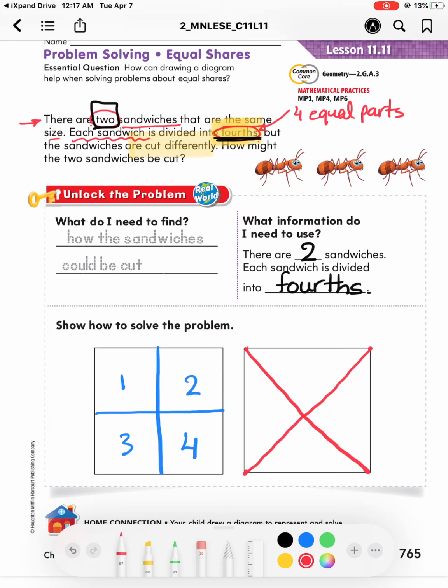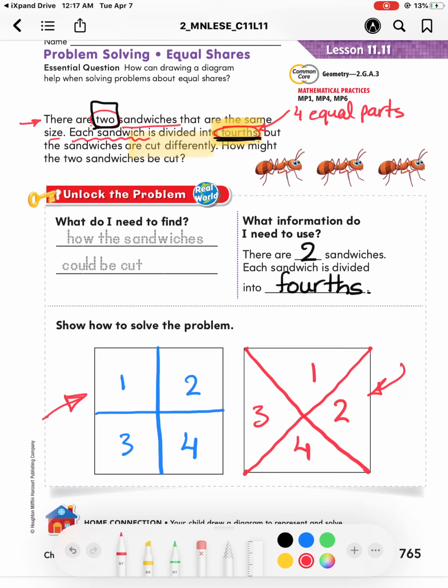Okay, so we can draw 2 diagonal lines to show 4 equal parts that are different shapes than the fourths in the other square. 1, 2, 3, and 4. Here we have 4 equal squares inside the main square. Here we have 4 triangles that are equal inside the square.